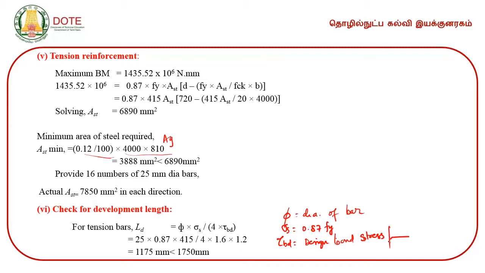Now, substituting the relevant values, this is the diameter of the bar and this is 0.87 fy as sigma s, divided by 4 times tau bd.